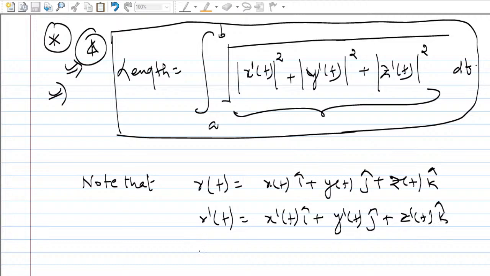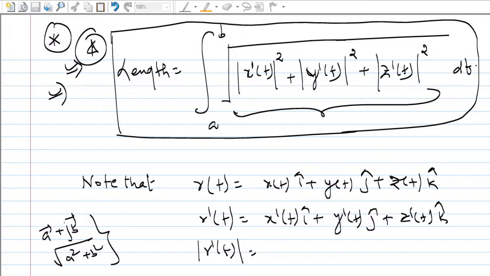And can you take the magnitude of this? So r dash of t, this is how we take the magnitude. Suppose a i vector plus b j vector is given, so we can take the magnitude equal to the square root of a square plus b square, right? This is how we compute the magnitude. So here you can take the under root and take the magnitude.